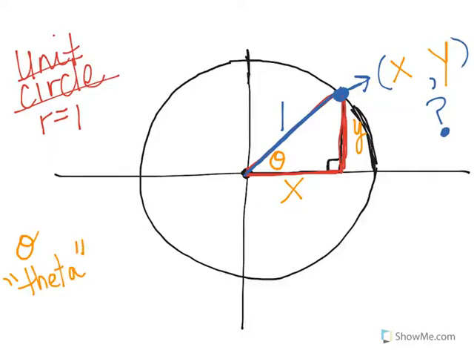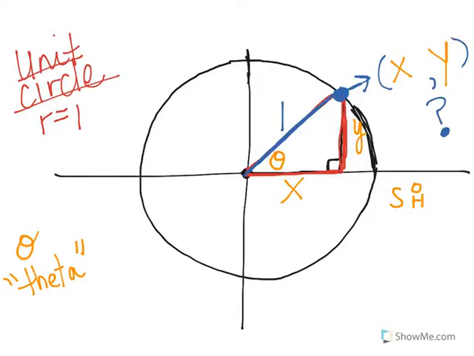Okay. Now that we have all 3 sides labeled, and we know that we have a right triangle, we're going to do a little SOHCAHTOA. Let's start with the SO, which is the sine of theta.